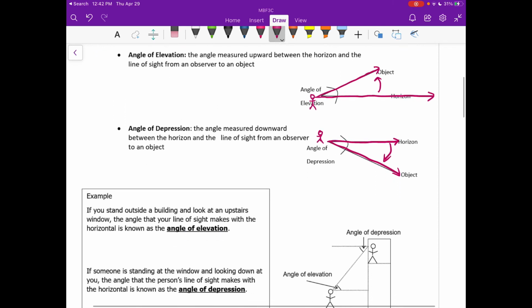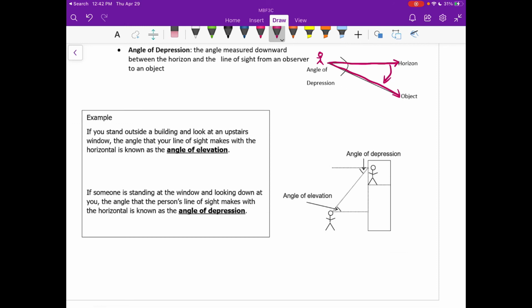So an example of this would be, say you're standing outside a building that has an upstairs window. The angle that is your line of sight makes a horizontal, right? And then if you were going to look up, that would be an angle of elevation, because if you looked straight at the building, it would be your line of sight. And then when you look up, it's elevating, so your angle is opening upward, right?